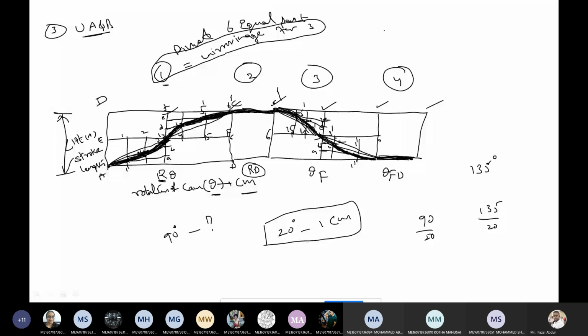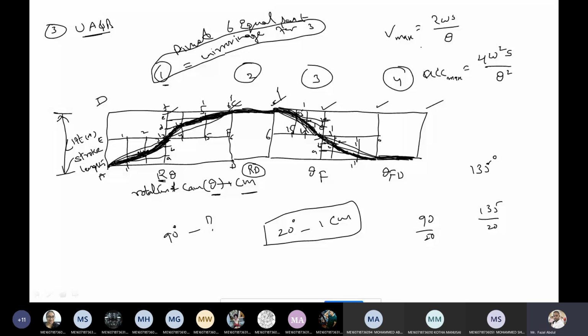Maximum velocity, when it is having uniform acceleration and retardation, is 2 omega s by theta, and maximum acceleration for the follower is 4 omega square s by theta square. You write it in your notes. Anyhow, I have shared the notes, but for quick revision it will help.